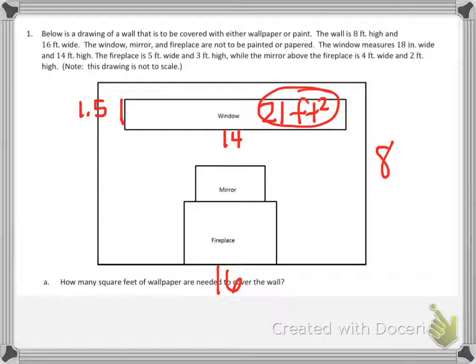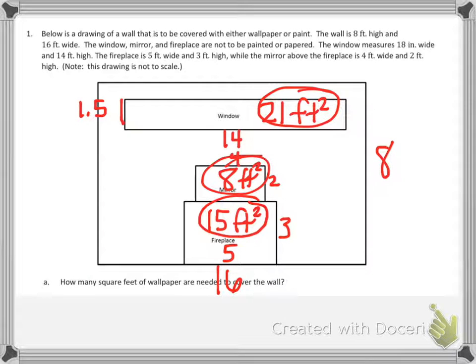Oh, the fireplace, it tells me next, is 5 feet wide and 3 feet high. So that would be 3 feet here and 5 feet there. So that's 5 times 3 is 15 square feet. That's the fireplace. And the mirror is 4 foot wide by 2 foot high. So this is a 2 by 4, and 2 times 4 is 8 square feet.